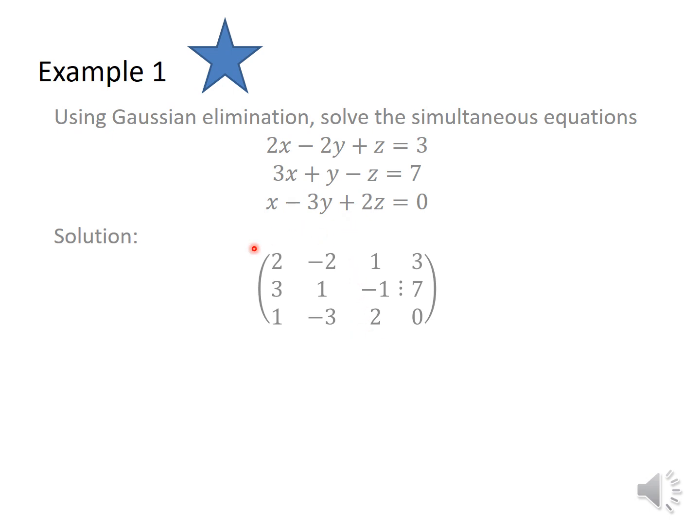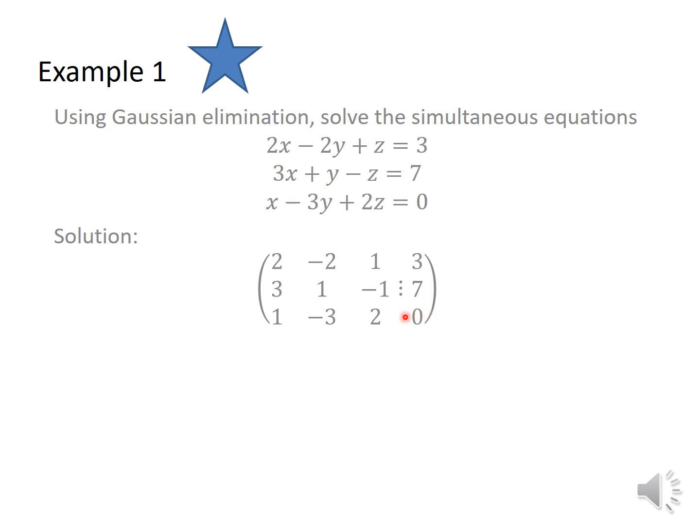So, this is an augmented matrix. Your left side is the coefficient of x, y, z for each linear equation. And your right side is the constant for each linear equation.